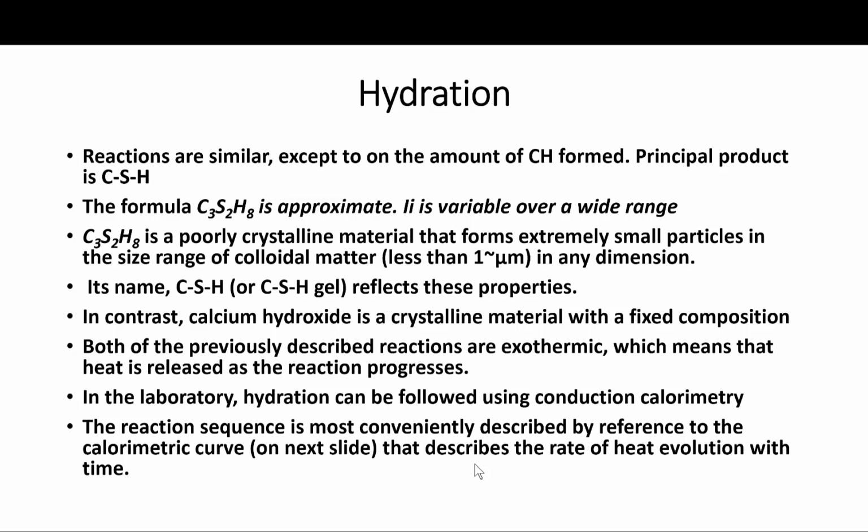The calcium-silicate-hydrate, C-S-H, really reflects these properties. We use the hyphen to indicate it's an approximate composition and not exact. The properties of this hydration product will be discussed in more detail later. In contrast, the calcium hydroxide is a crystalline material with a fixed composition.